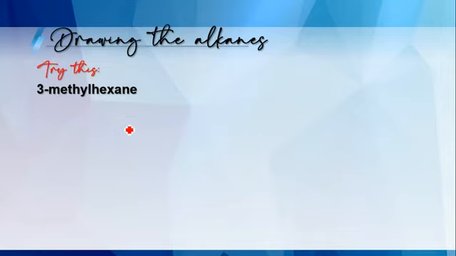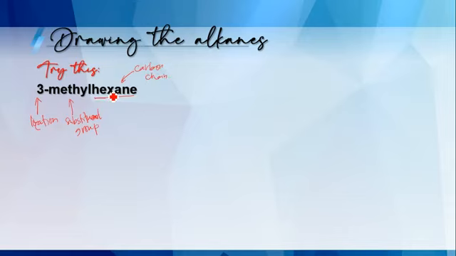All right, let's scrutinize the name again. As I told you earlier, this one is the location. Location for what? Location for the substituent group. And this one is the carbon chain.